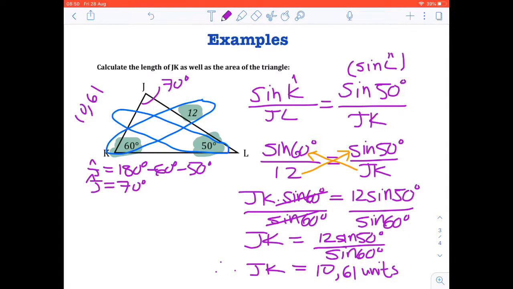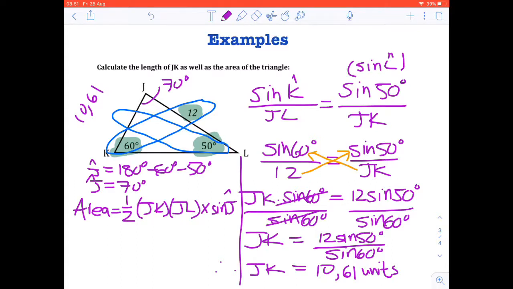And now we have the two sides that meet to form that angle, so we can use the area formula. So area is equal to half of the one side, which is JK, times the other side, JL, times sine of the angle, which is J. So area equals a half of 10.61 times 12 times sine of 70.